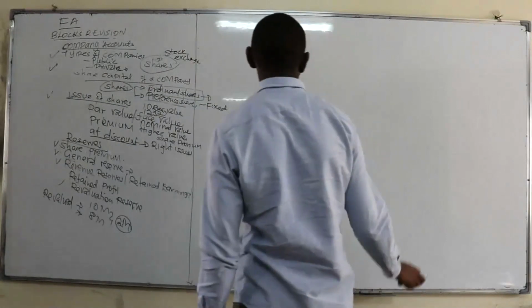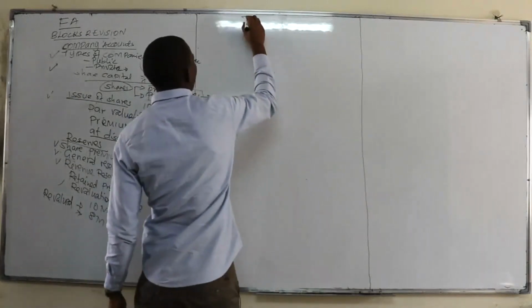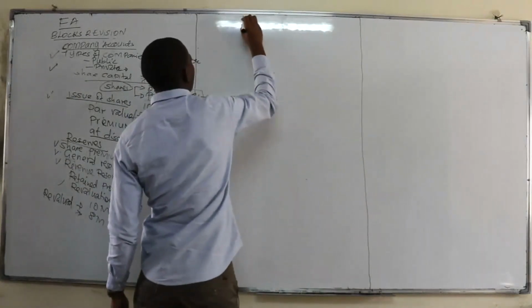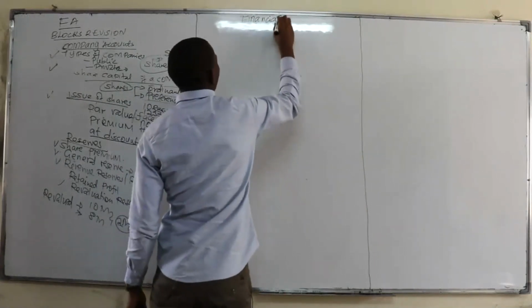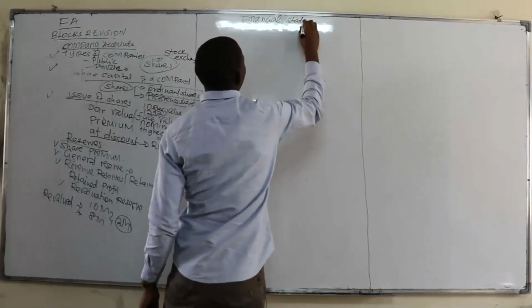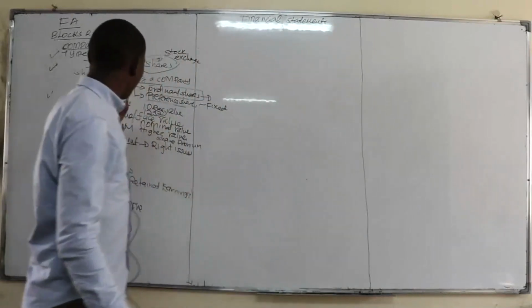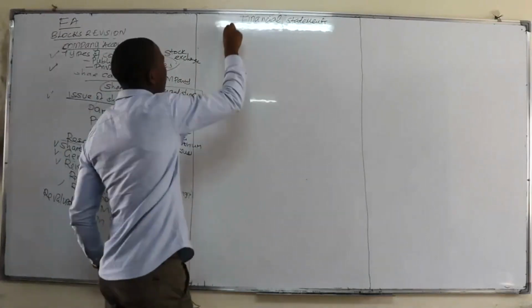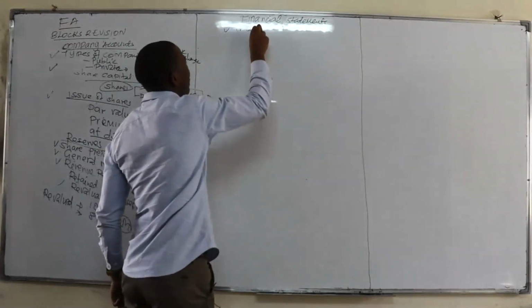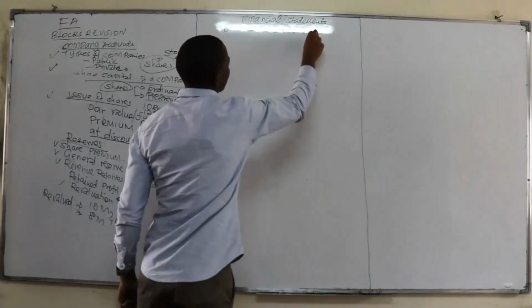Now, the other thing we need to know is the financial statements. The financial statements that are supposed to be prepared on the company account are only three. Number one, you are required to prepare the income statement.